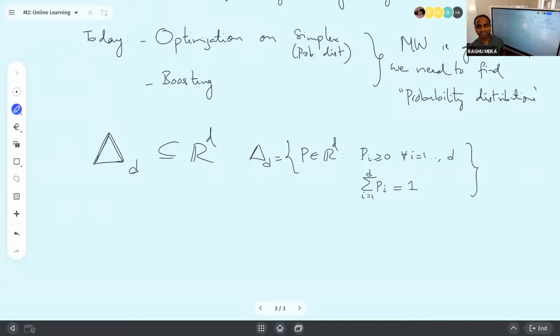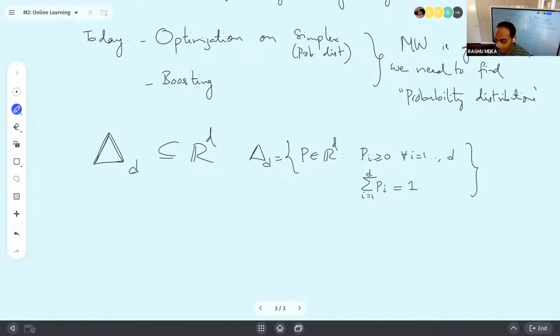Okay, so I have some D elements and I have a probability distribution on top of that. Right, that's it. So one example to keep in mind is like somehow I have some X amount of money, I want to split it across my different assets. I have D assets to kind of spread my wealth on or put my wealth into, and each number then is like a proportion, right? It's like a probability, like a fraction that all together add up to 1, and each one is non-negative.